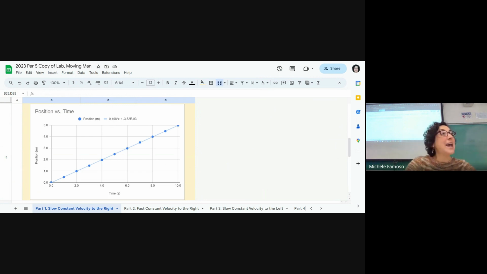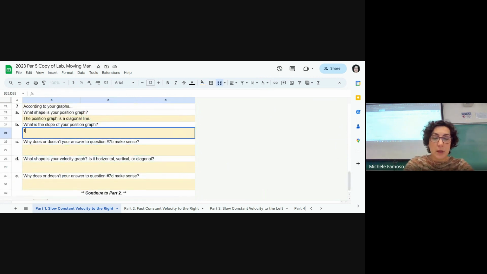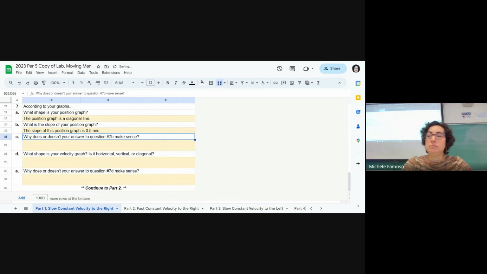Meters per second. So we're going to add that to our answer. So the slope of this position graph is 0.5 meter per second. Right? Approximately 0.5 meter per second.